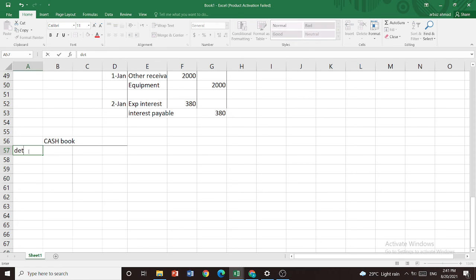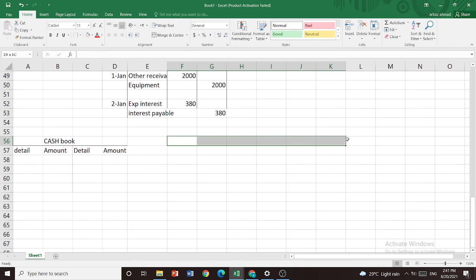So you have detail here, and then you have amount, then you have detail, then you have amount. Now cashbook is not like this, it will get more detailed like this.